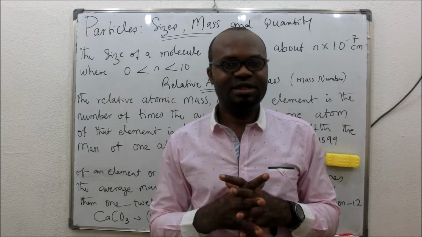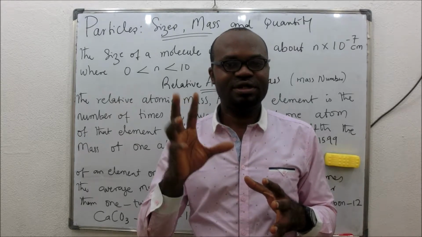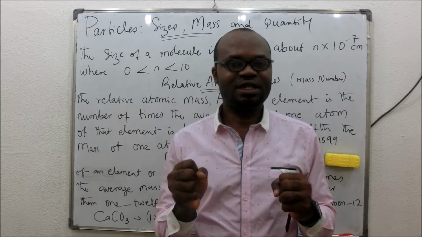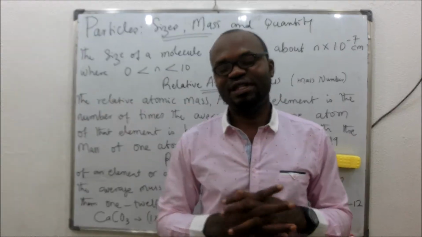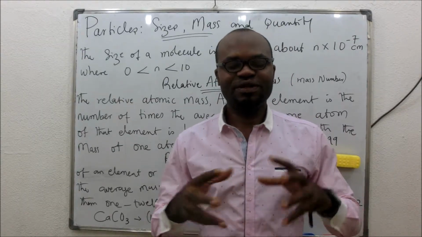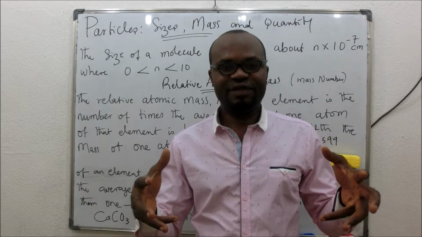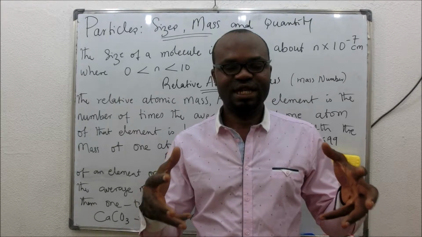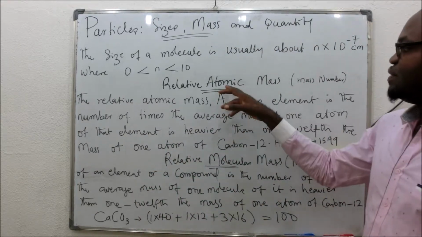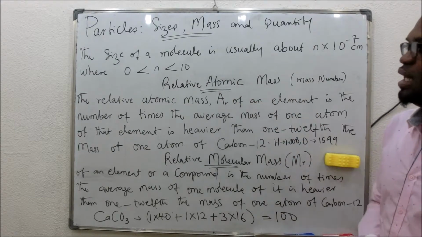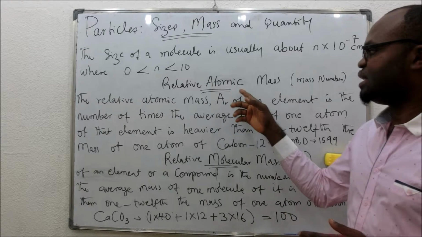When you add up the mass of the protons and the neutrons, you have the atomic mass. So roughly, not accurately, it is approximately 2 times the atomic number.